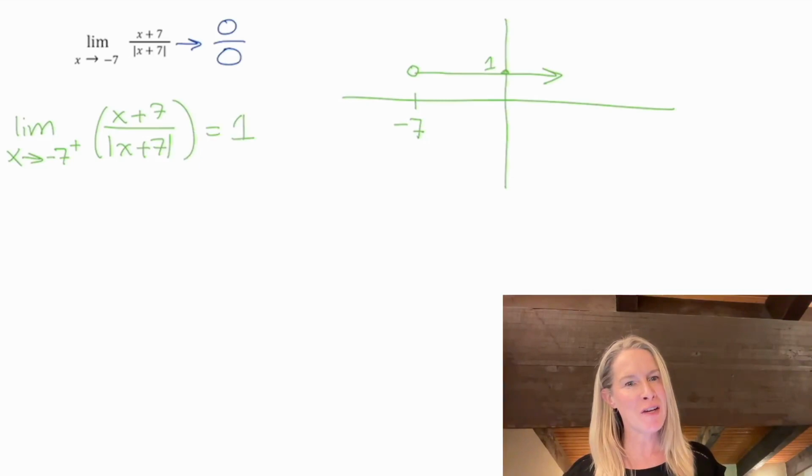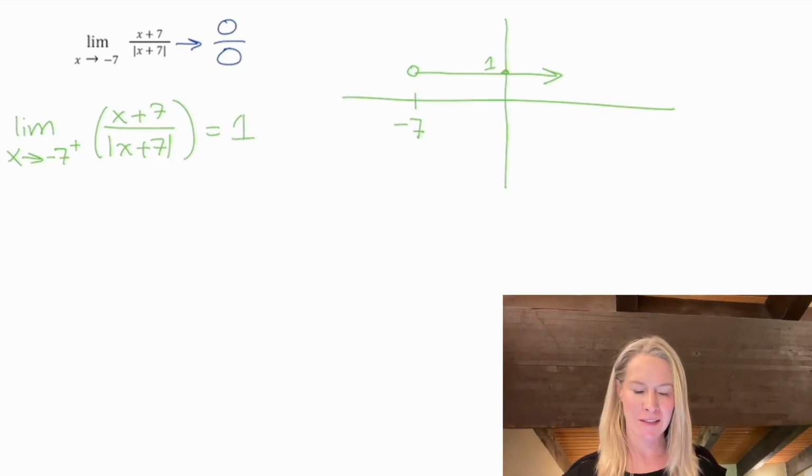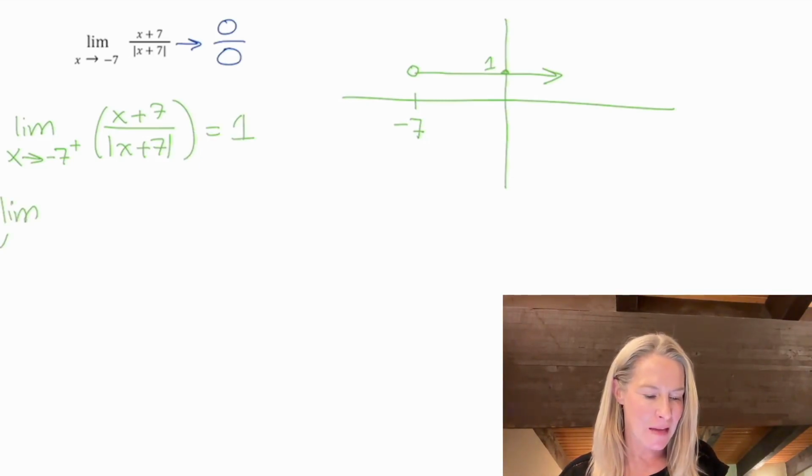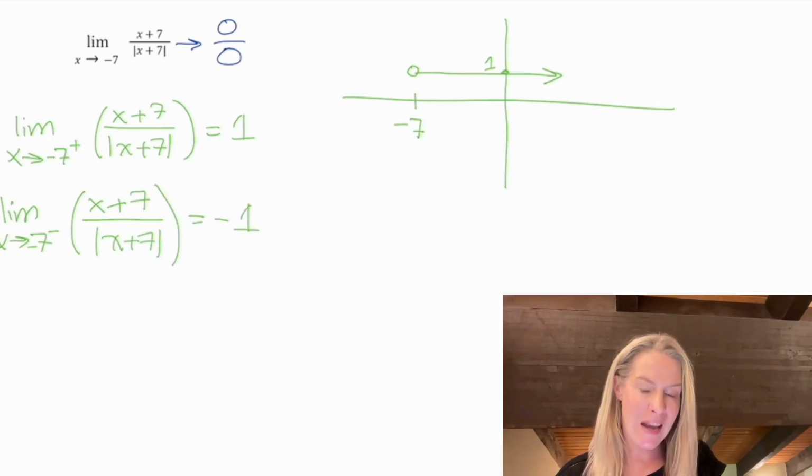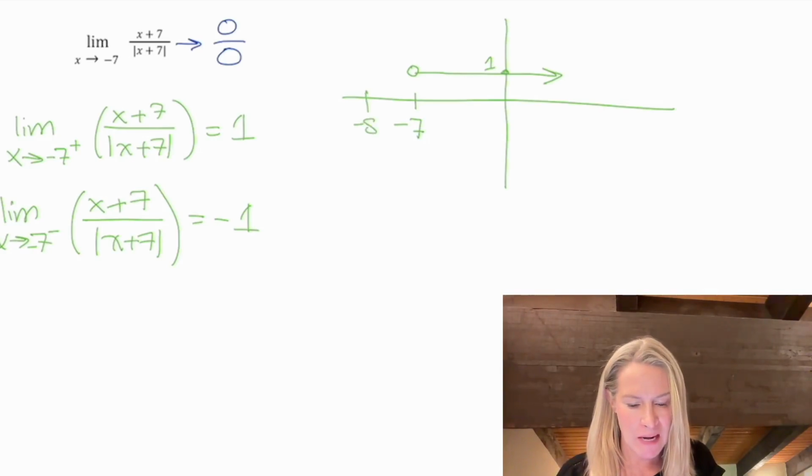Where things change is when we're coming in from the left-hand side. That limit as x approaches negative 7 from the left-hand side is going to be equal to -1. Why? Well, if you think about plugging in a value like, let's say, -8.